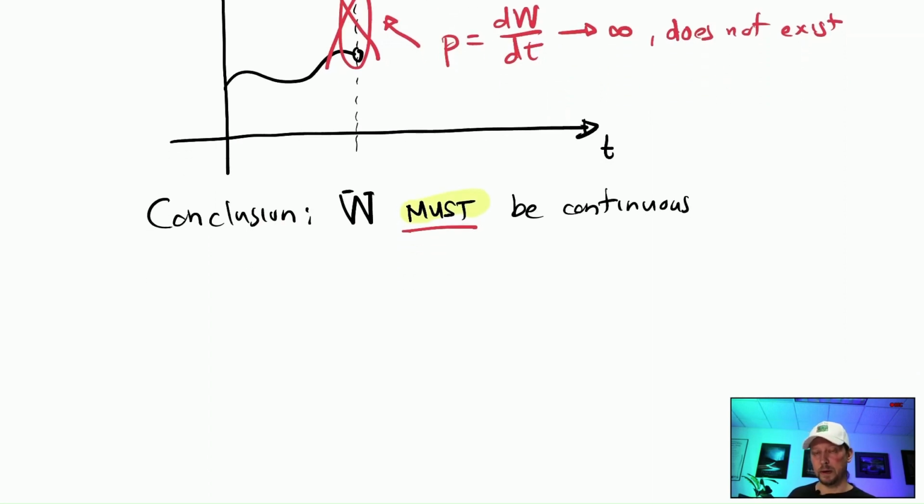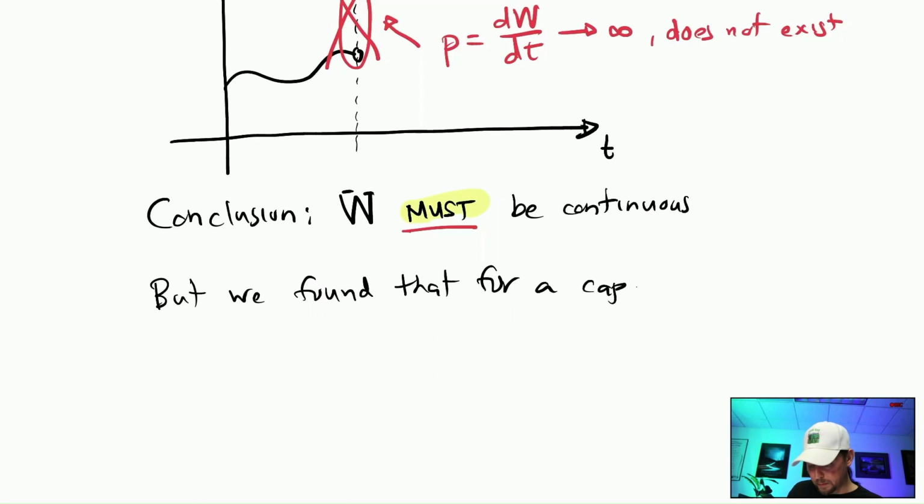Otherwise, you end up with infinite powers. What we found is that for a capacitor, the energy stored in the capacitor is equal to 1/2 CV squared.